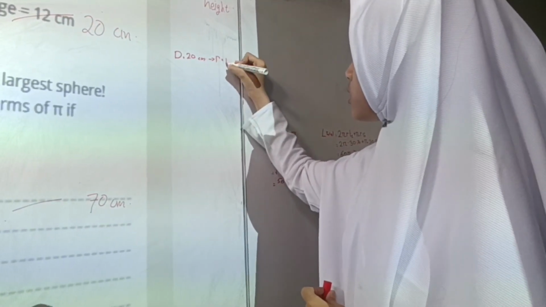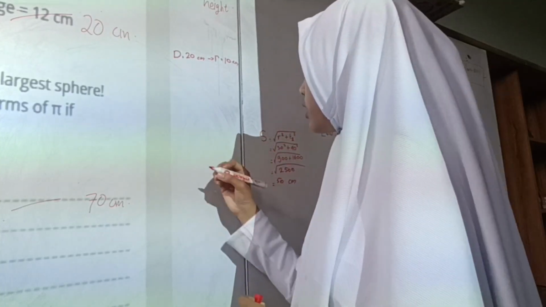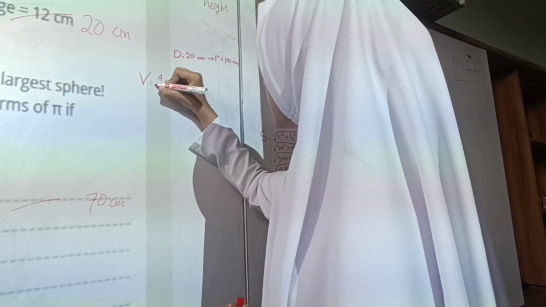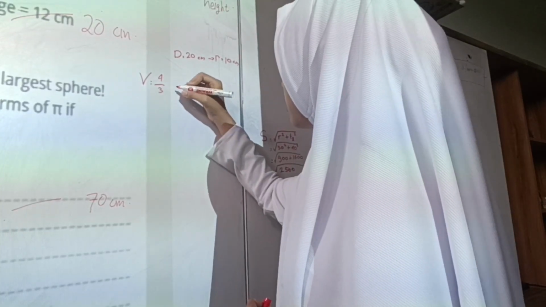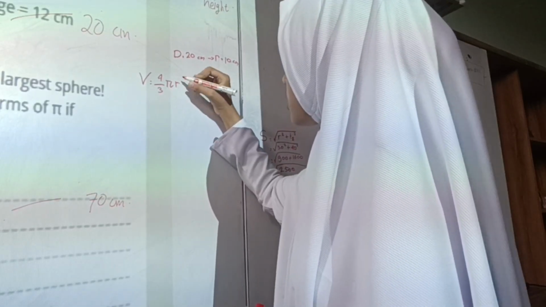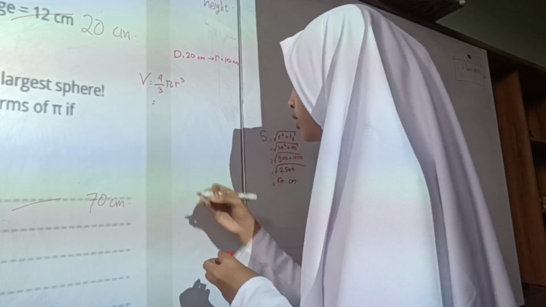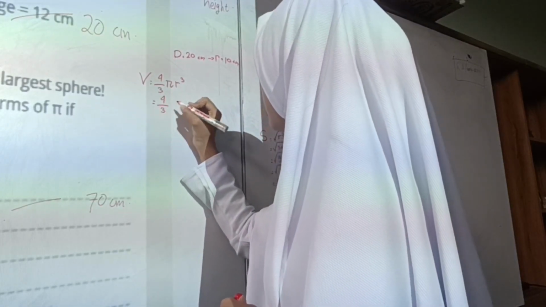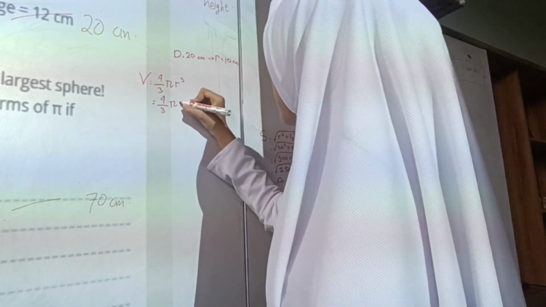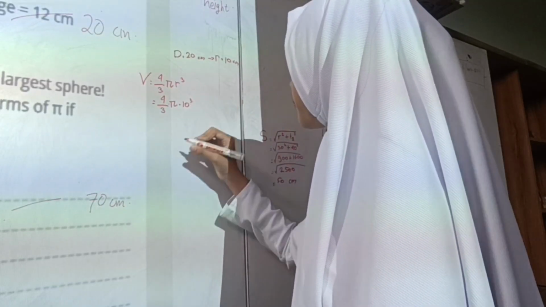And if we want to change it into the radius, we must divide it with 2, which becomes the radius is 10 centimeter. Here we will start to calculate it, which is the volume is 4 per 3 times with pi times with radius cube, and here we will times 4 per 3 pi, and the radius, which is 10 times with 10 centimeter cube.